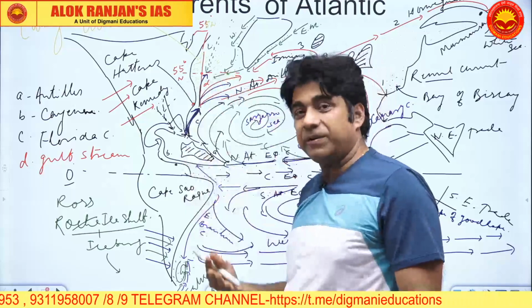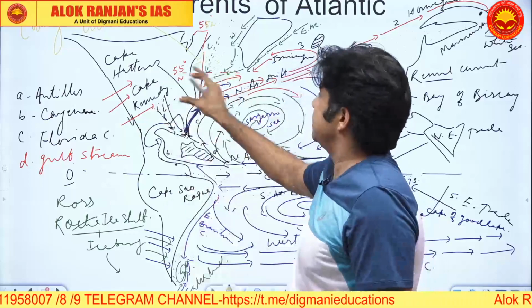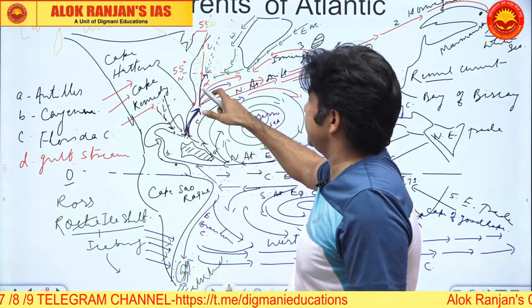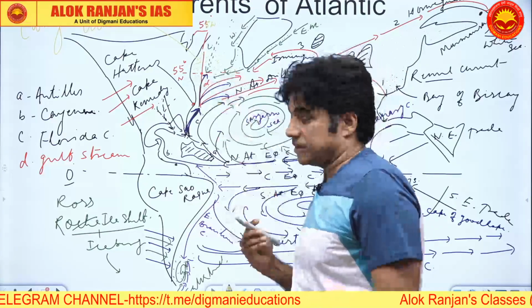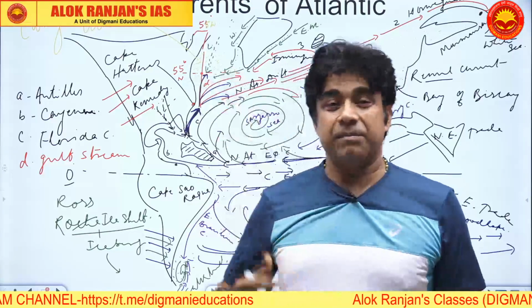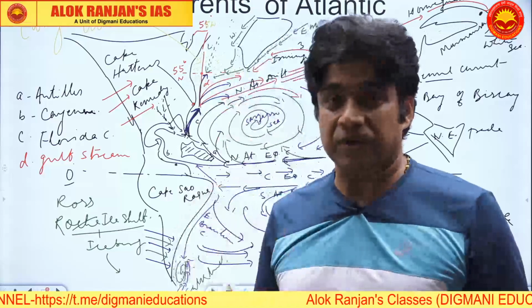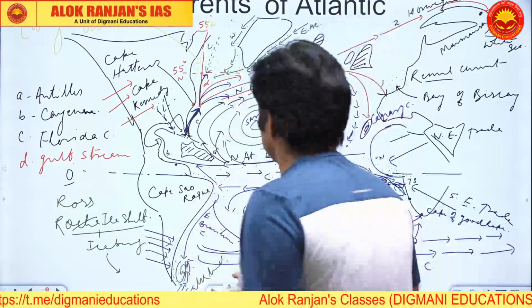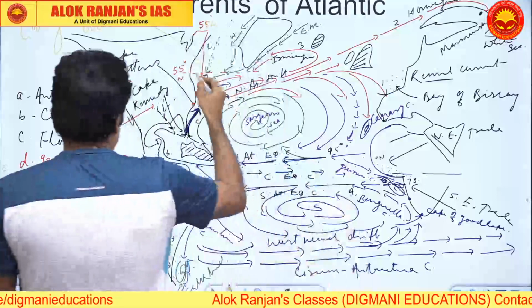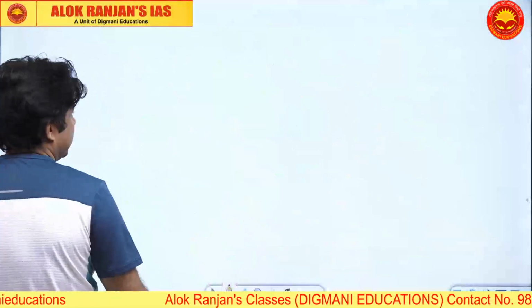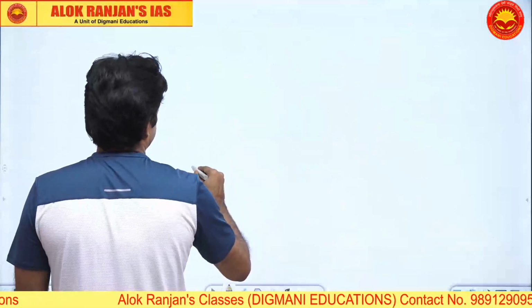So always, as a rule, along the eastern side of the continental margins, near mid latitudes, the currents will gain the maximum momentum, the maximum velocity. So Gulf Stream gains the maximum velocity.